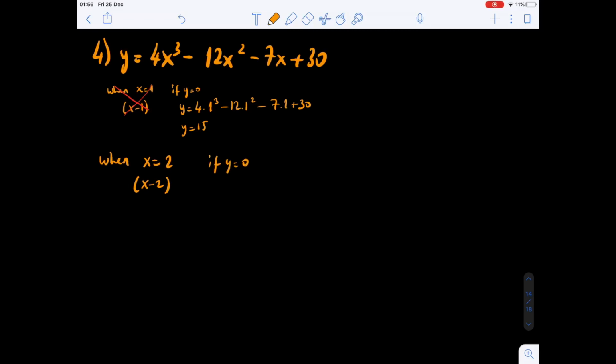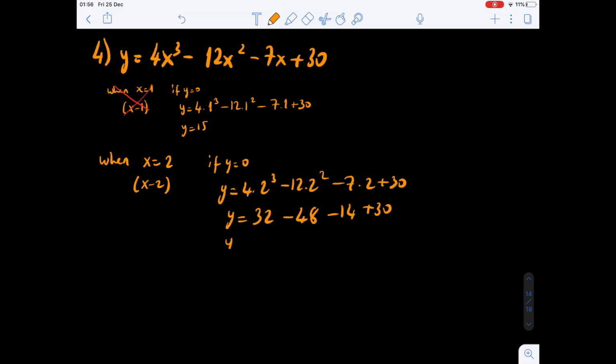If y is 0, yes, it's a factor. y equals 4 times 2 cubed minus 12 times 2 squared minus 7 times 2 plus 30. y equals 32 minus 48 minus 14 plus 30. y equals 62 minus 62. Yes, 0. Perfect.